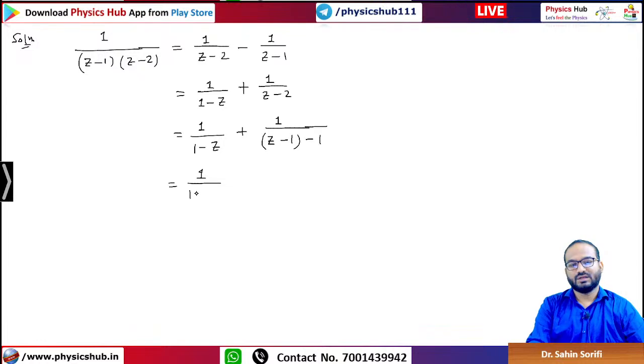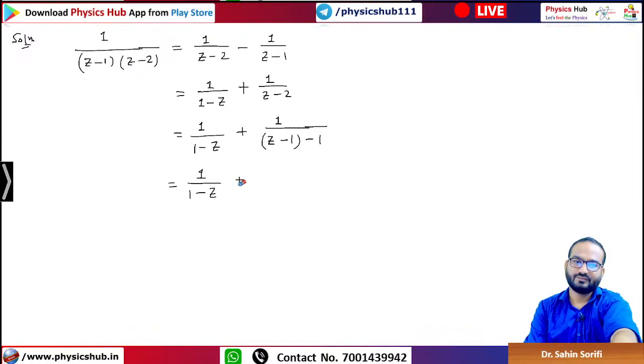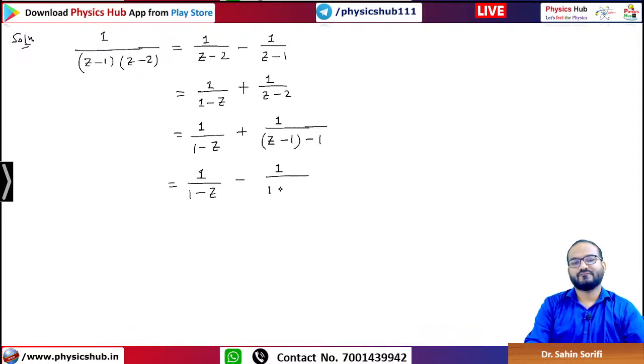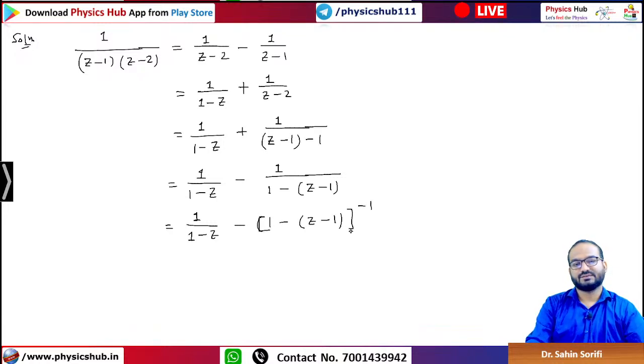So 1 upon 1 minus z plus, you see, if you take minus 1 common, then it will become 1 upon 1 minus z minus 1, that is, 1 upon 1 minus (z minus 1) inverse.